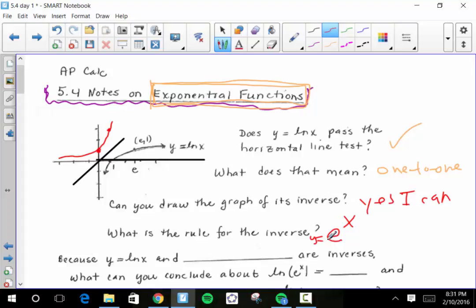So now that we know our inverse for natural log of x is e to the x, because y equals natural log of x and y equals e to the x are inverse functions, what can you conclude about natural log of e to the x? Well, this is a composite function, right? This is taking this e to the x and putting it into natural log of x, and we know that because they're inverses, that would get us an x.